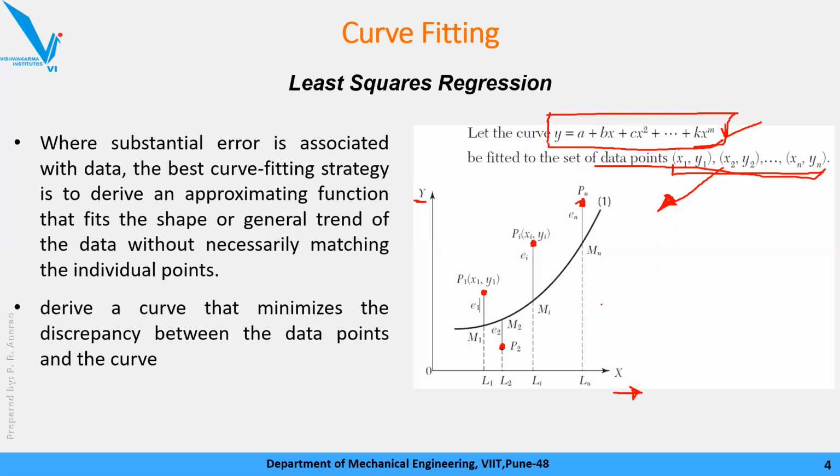Okay, now using these x values, x as an input parameter, हमने क्या किया, x का वैल्यू इस इक्वेशन में डाल दिया. Now when I put this x1 value in this equation, I'll get y1, but this y1 obtained from the equation will be different than the real y1 which is from the experiment.